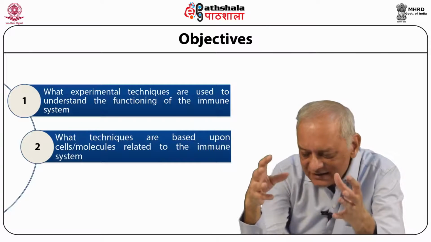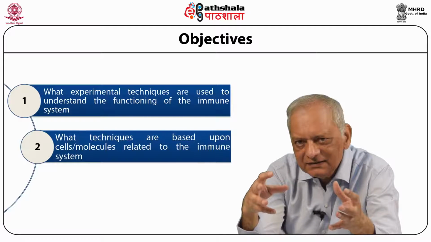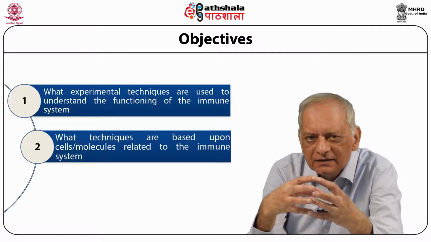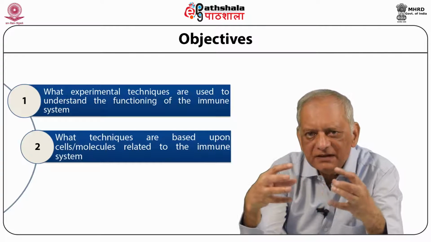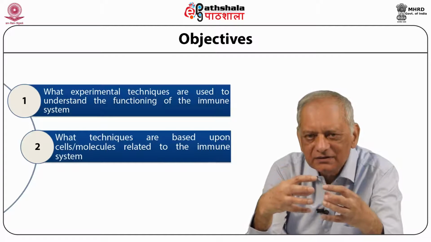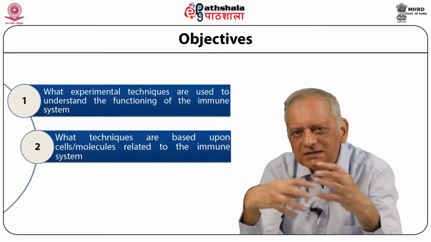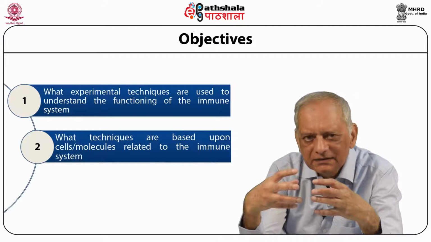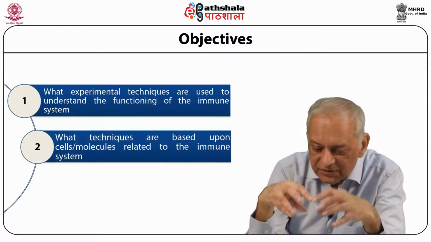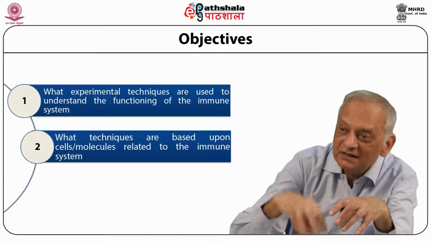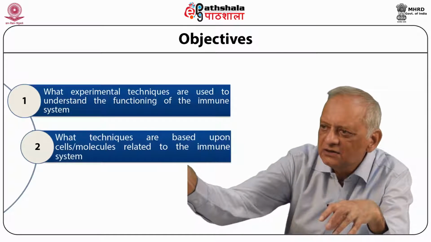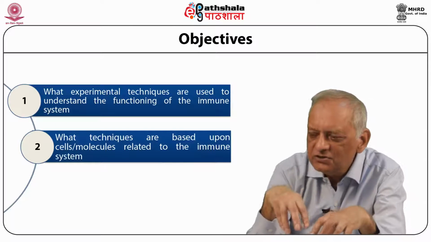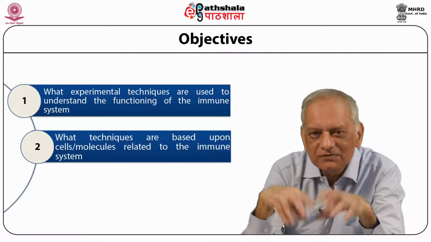There is another very interesting aspect, that because of this uniqueness and a fairly specific nature of the interaction which all these cells and molecules of the immune system participate in, this can be used as a basis for generating a set of techniques which only can operate by the use of these molecules or cells of the immune system.